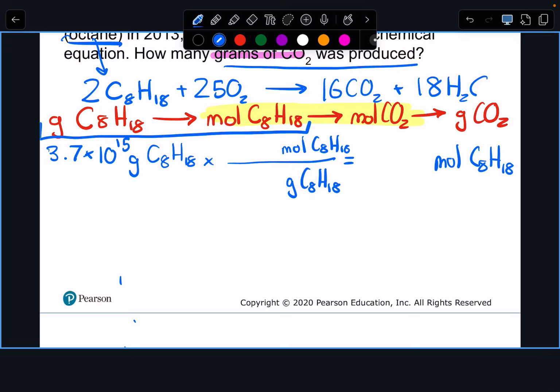And then you say, where do I get that? Grams and moles. The moles is 1. The grams comes from the periodic table. So just wake yourself up a little bit. Everybody go calculate the molar mass of C8H18 so that we can put that number in there.